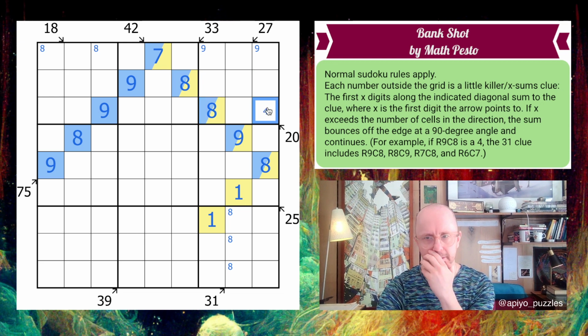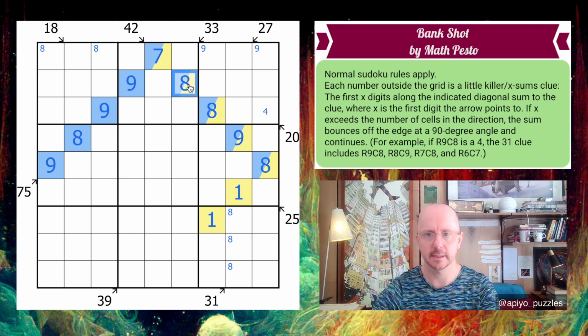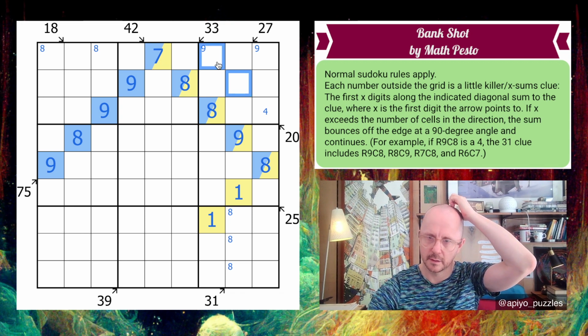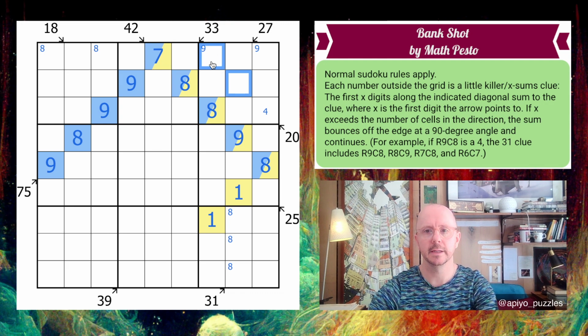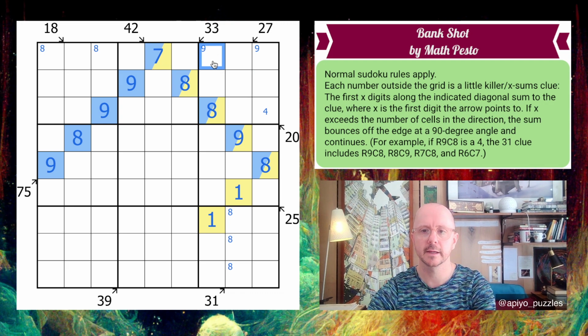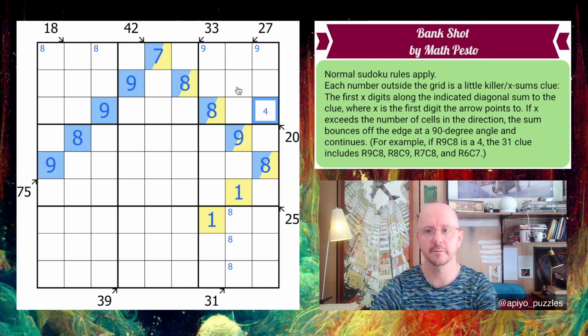So it's 4 or greater, and it's going to definitely take in that cell. If it was just 4, that would be 12, and these would have to add up to 8, which would mean that was not a 9. Oh, in fact, that can't be a 9 because you've got 4, 9, 8.